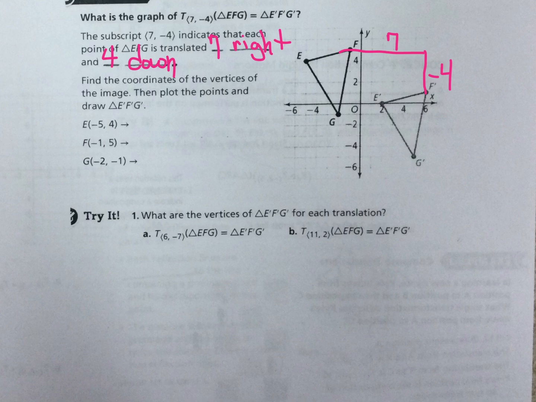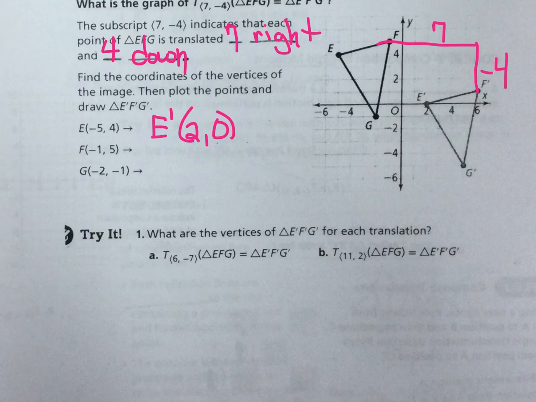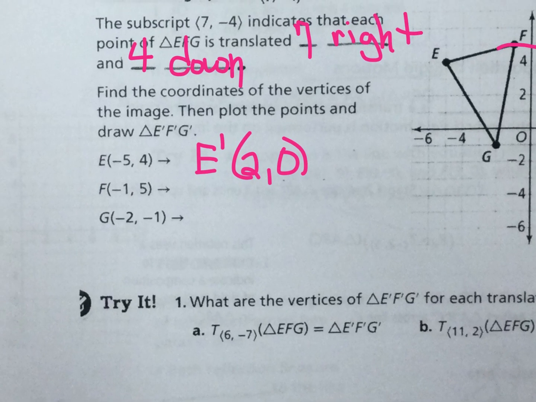And if you look, E prime is going to be at 2, 0, right? You see it over there? And if you added 7 to -5, you get 2. And if you subtracted 4 from 4, you'd get 0.